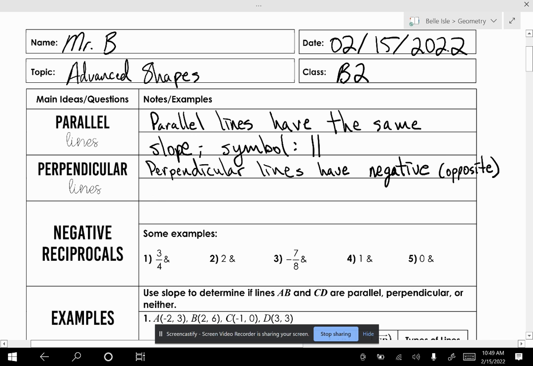Okay, a negative or opposite reciprocal. Okay, the symbol is a vertical line with a horizontal line on the bottom, kind of like an upside down capital T.